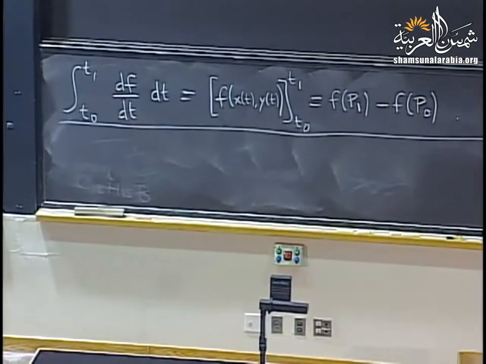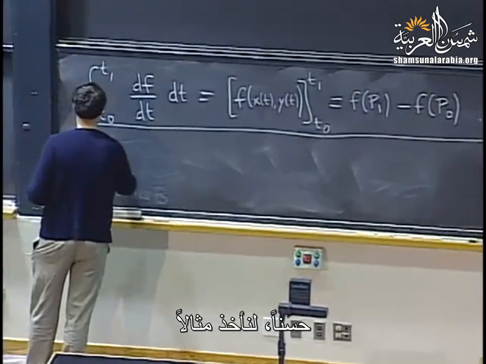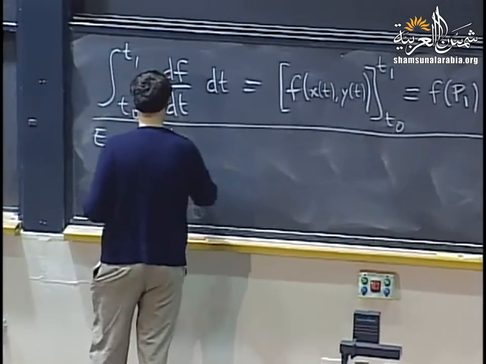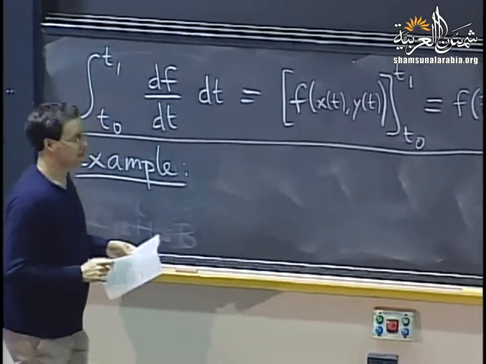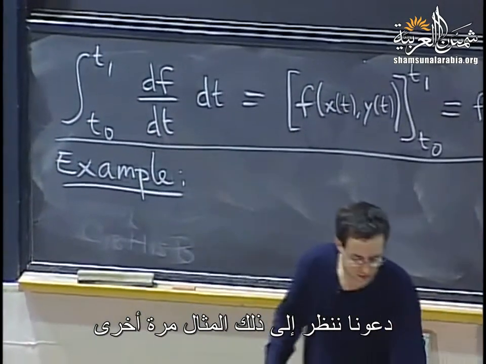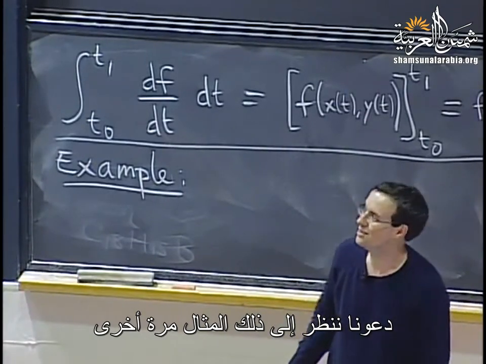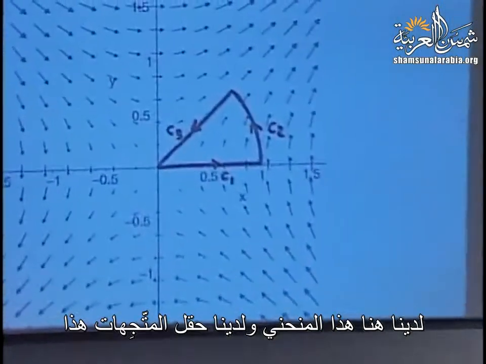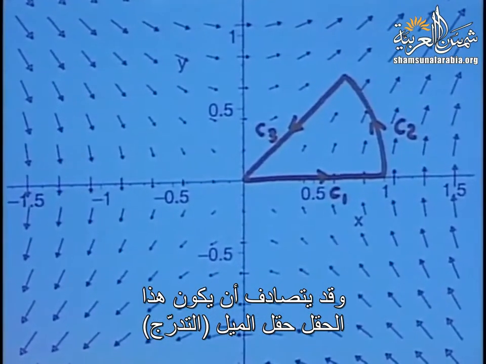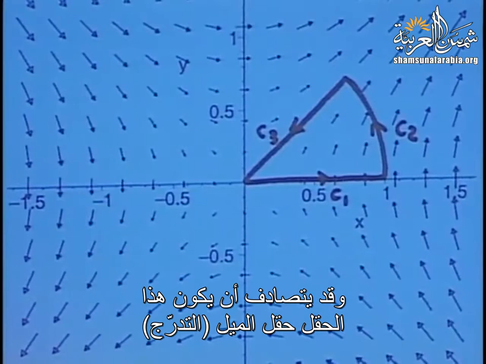Okay? So let's see an example. Well, let's look at that example again. Okay, so we have this curve, we had this vector field. Could it be that, by accident, that vector field was a gradient field?